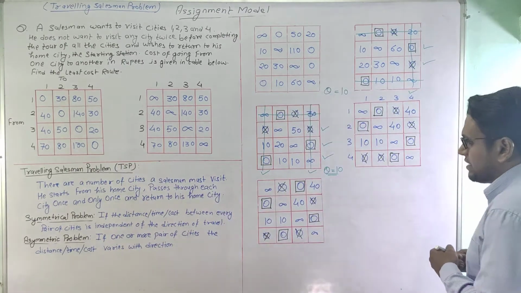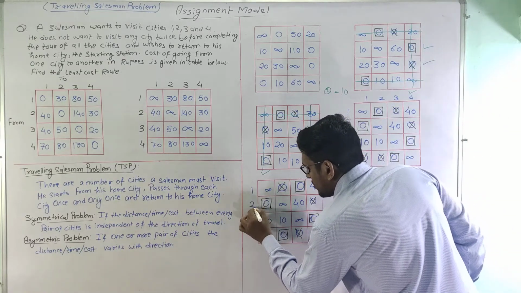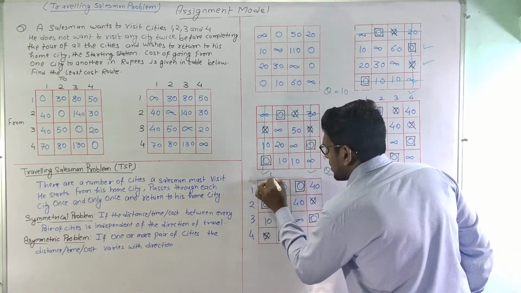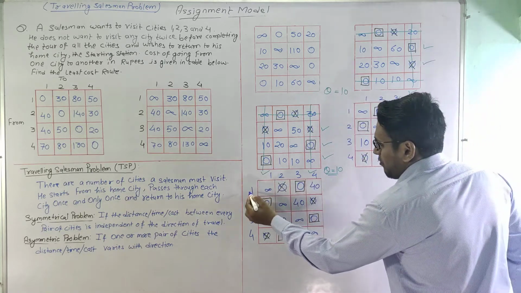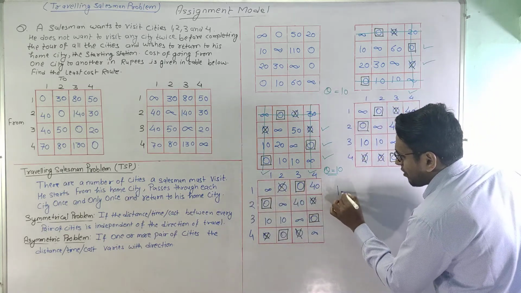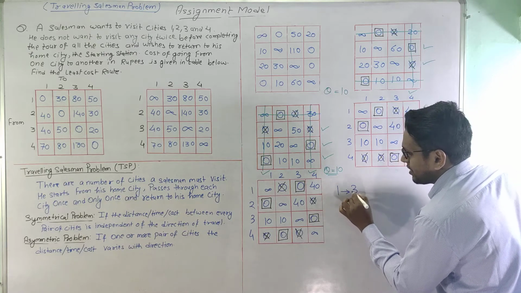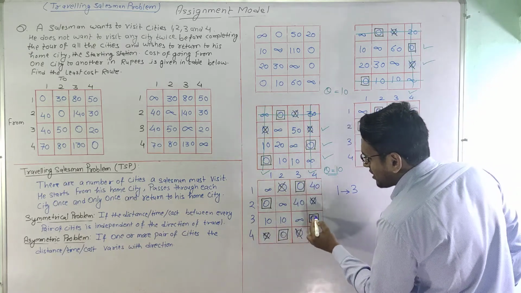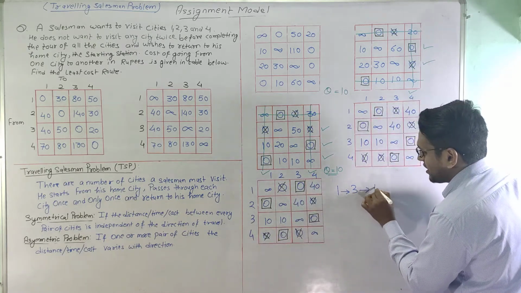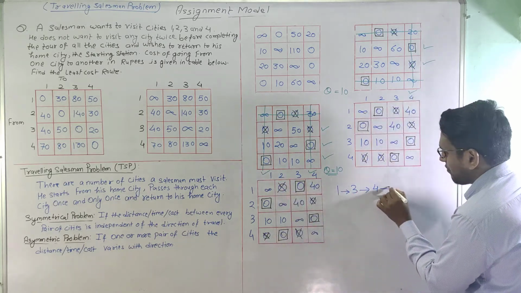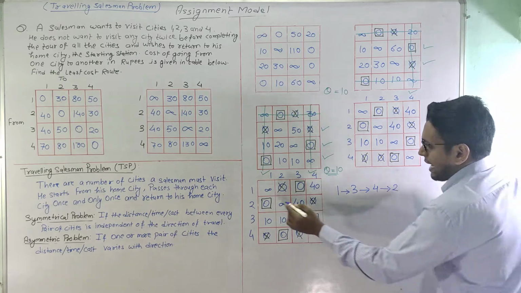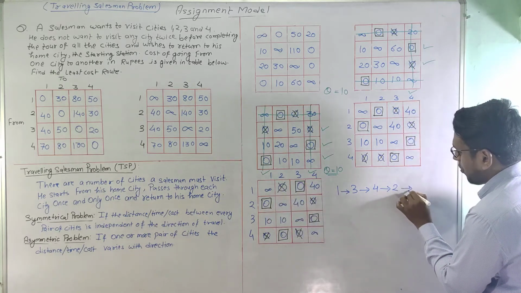So let us understand this. Again we have 1, 2, 3, 4 cities. So we can see that from 1 it goes to 3, from 3 it goes to 4, from 4 it goes to 2, and from 2 it goes to 1.